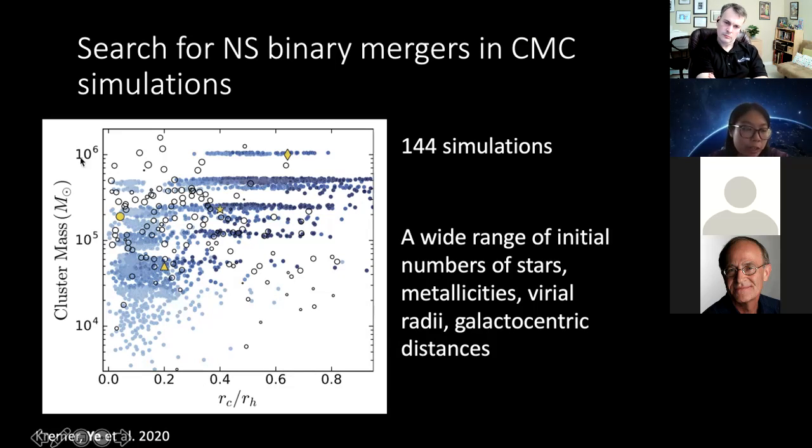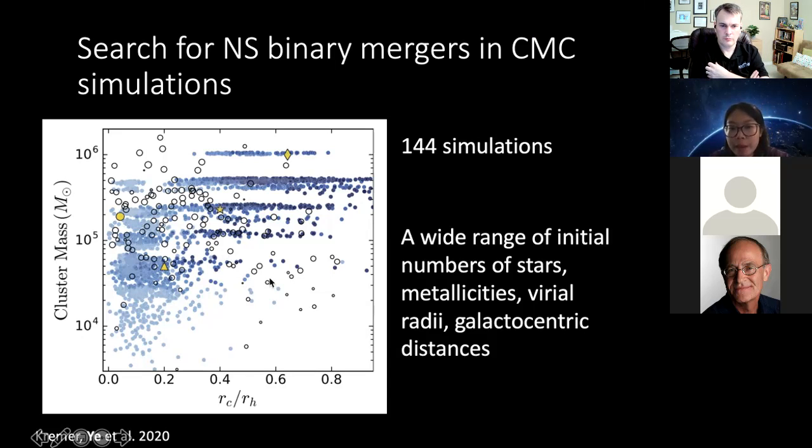So this figure is showing the cluster mass on the y-axis and the ratio between the core radii to the half-light radii. And the blue dots are showing the final properties from all the simulations. And the black circles are showing the observed properties of Milky Way globular clusters. And these two sets of dots overlap quite okay.